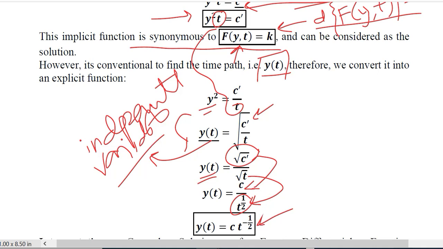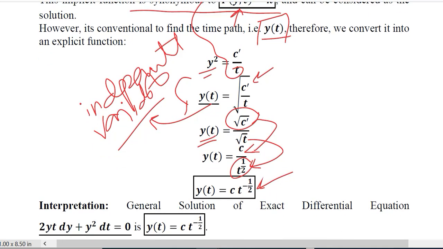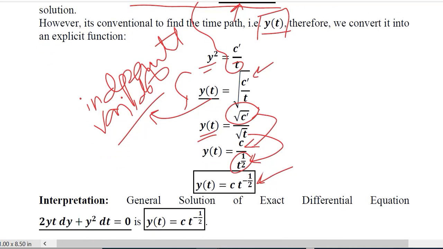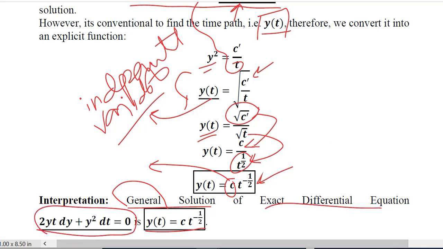So now it is a suitable time path that we wanted, and it is the general solution, because there is still an unknown, arbitrary constant in it. So it is a general solution, not a definite solution, of the given differential equation, which was this, and this is the solution of this given differential equation.